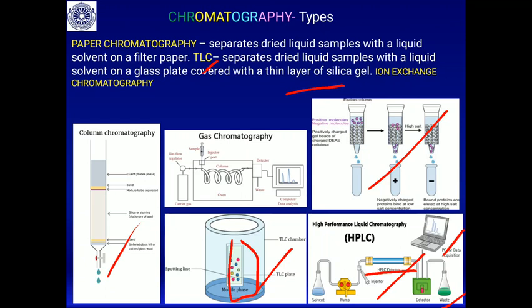Then you will find gas chromatography, where gas is used as the mobile phase. Column chromatography and thin layer chromatography are liquid chromatography, whereas in gas chromatography the mobile phase is the gas.